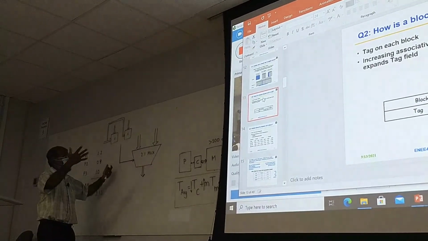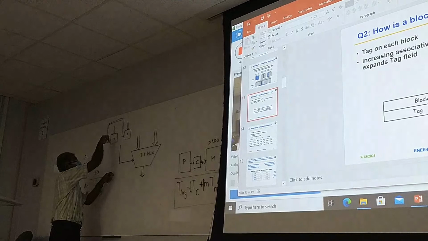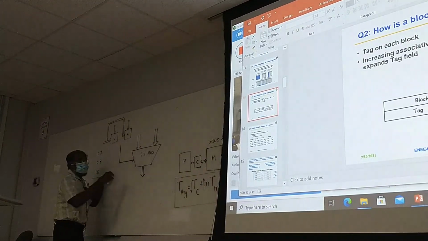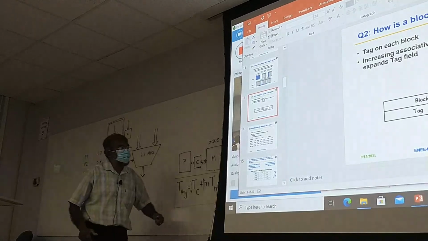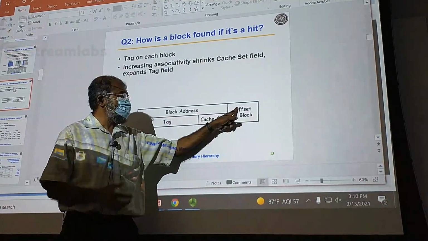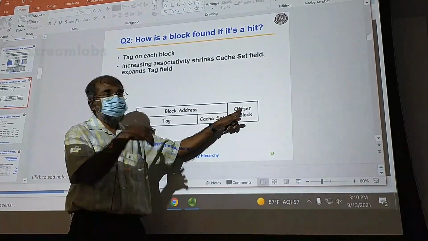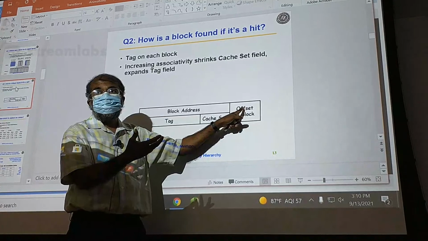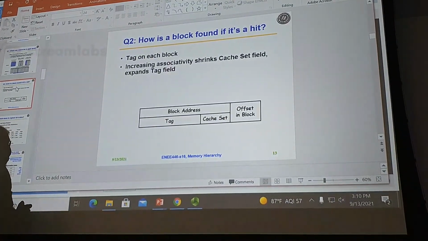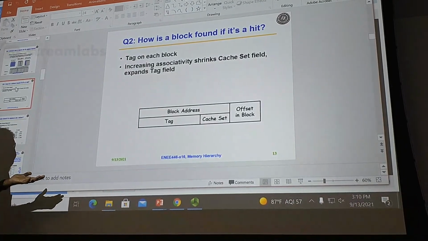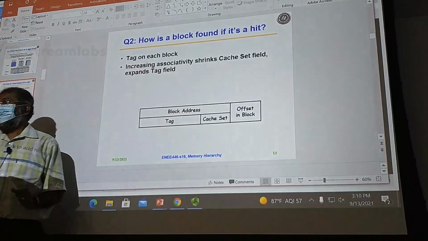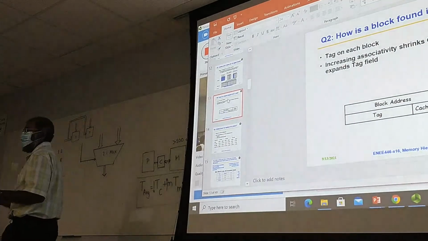So more the associativity, that means more comparators and a bigger mux here. Bigger the block size, the multiplexer that selects the particular word will be bigger. So nothing is for free. You make the block bigger to get more spatial locality. That means it is going to hurt somewhere.